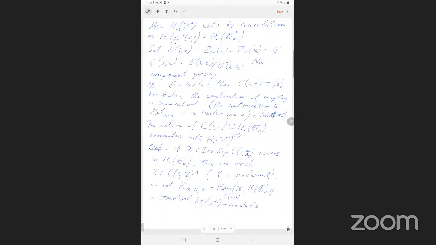Okay, just one more remark. The Borel-Moore homology, I mean, of everything we encounter here, lives only in even degrees.